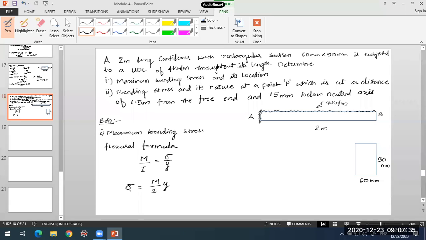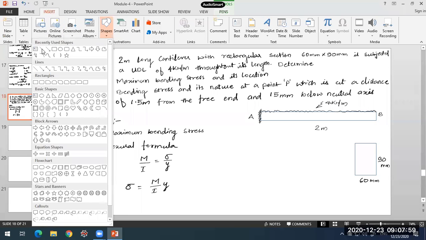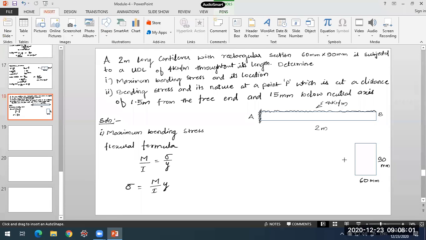Okay, so for stress to be maximum, we need to locate a point where bending moment is maximum, first thing, and the location of the point within the cross section should be at the extreme most distance from the neutral axis. Now if you go for identifying the neutral axis in this case, it will be exactly at the middle.